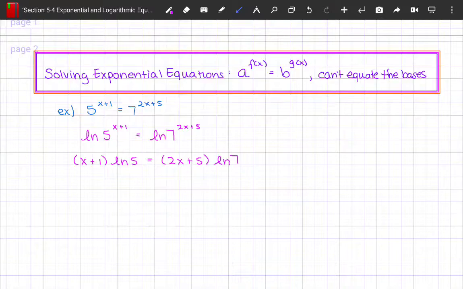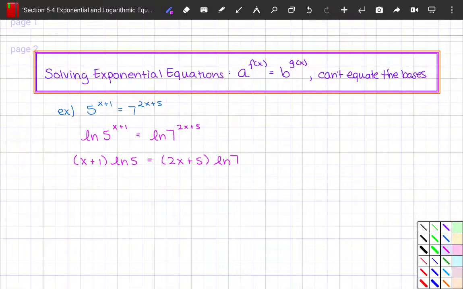We just have a natural log in this problem, but we've seen how to do these before. We're just going to distribute the natural log on both sides, collect all the terms with an x on one side, factor it out, and so on. So you'll see it. We're going to distribute the natural log of 5. And then over here we distribute the natural log of 7.